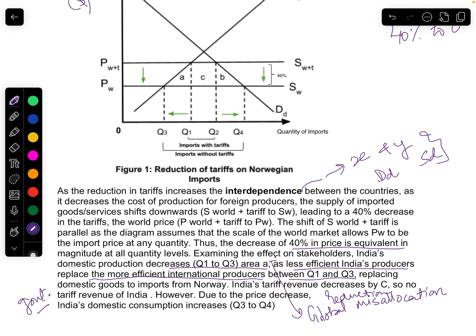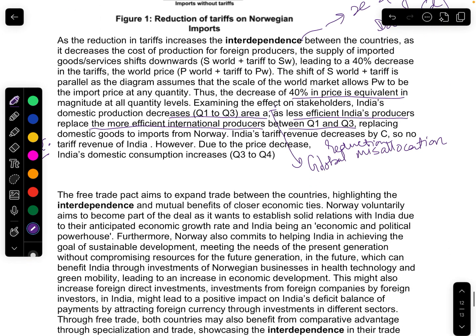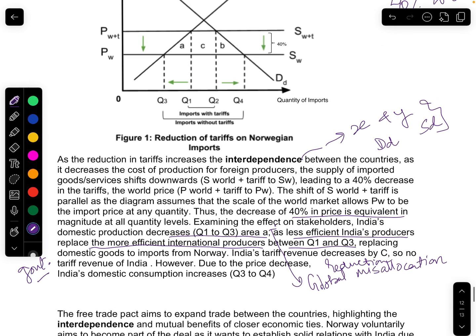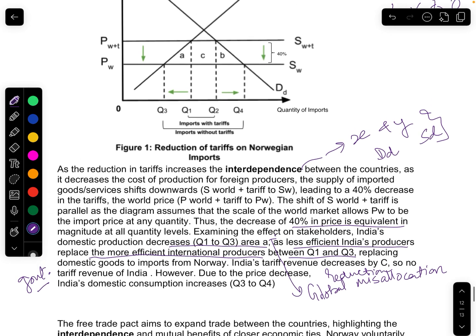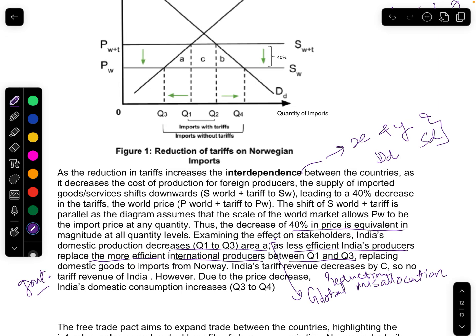However, due to the price decrease, India's domestic consumption increases from Q3 to Q4. So it has been explained, but it has not been explained further. So what did the child miss over here? He could have talked a little more about area B, due to the price decrease.